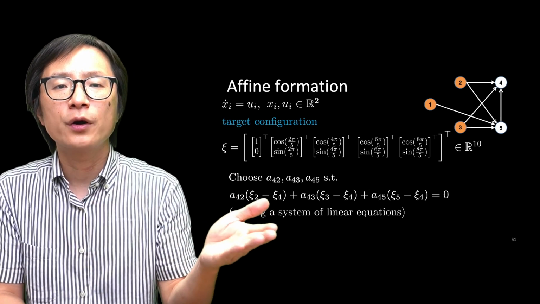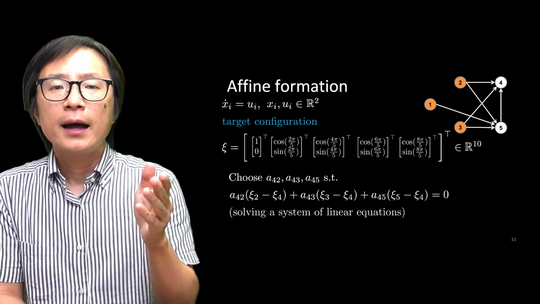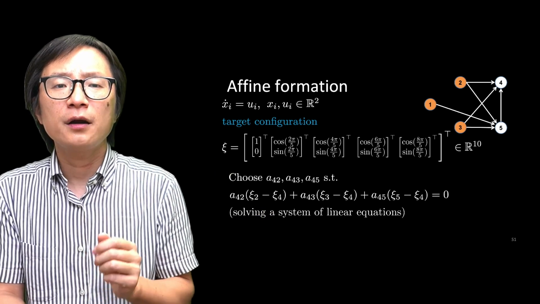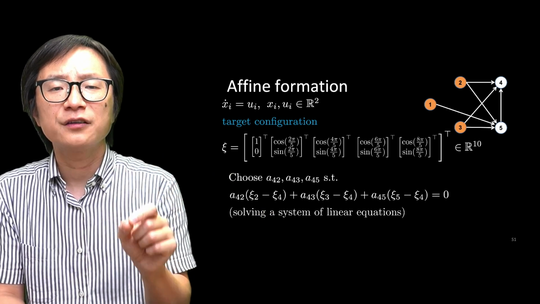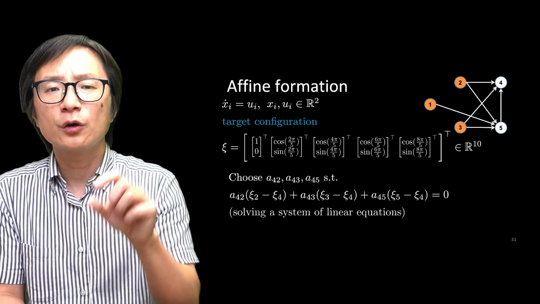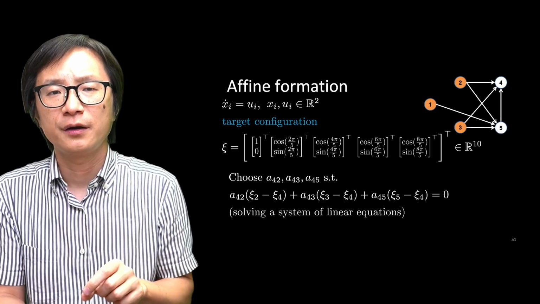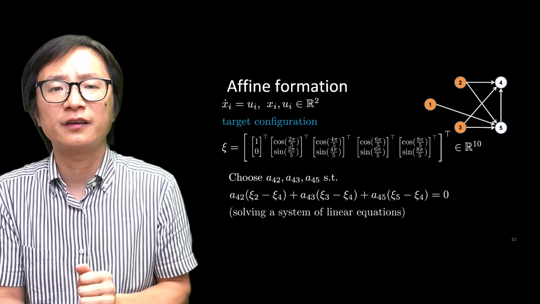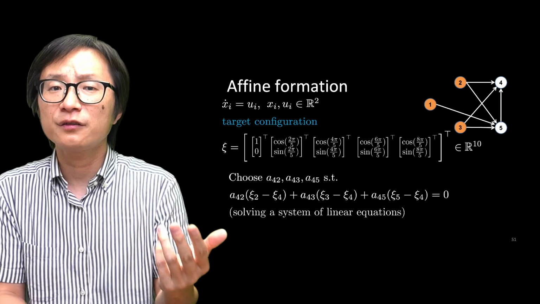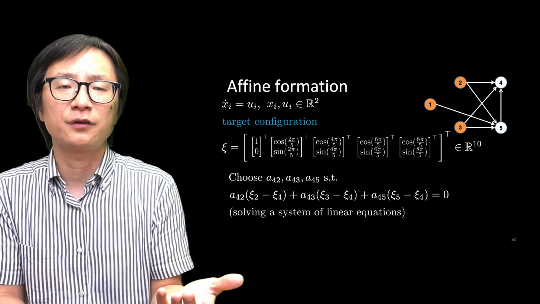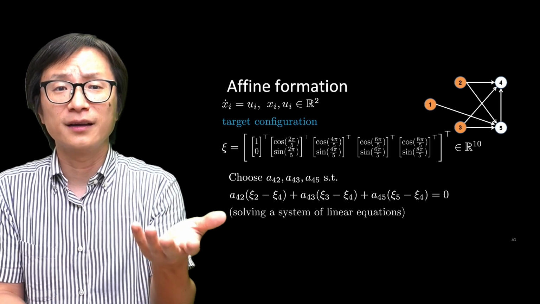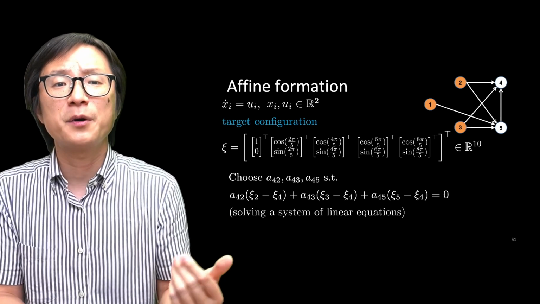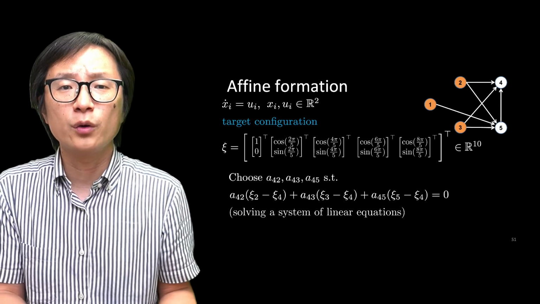So the corresponding equation is this one. How many equations are here? Well, because these Xi's are 2 dimensional, we have 2 equations here. How many unknowns? We have 3 unknowns, 3 weights to be designed. So 2 equations, 3 unknowns, infinite solutions.